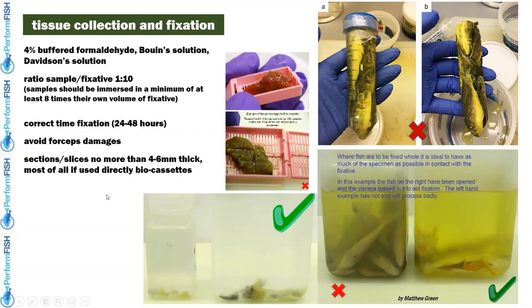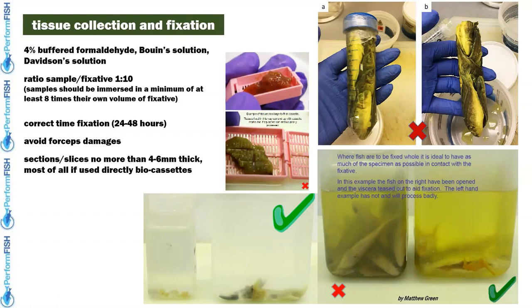Another very important thing is the thickness of the sample: it should be 4 to 6 millimeters thick, and if you use the biocassettes directly, it's very important not to exceed in thickness, because the imprinting of the cassette on the sample could create some artifacts after, when the slides are prepared.